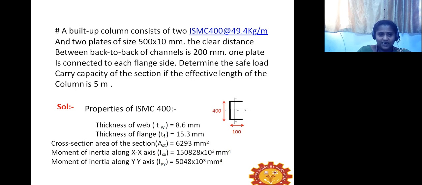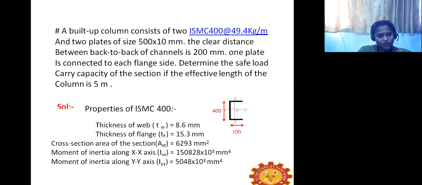By designing two sections instead of one section, and we place both the sections apart at a distance, so that your Iyy value is greater than Ixx, so as to counteract the failure modes. That is the basic concept behind it. All these things come under built-up columns. I think now you will be clear about what a built-up column is.